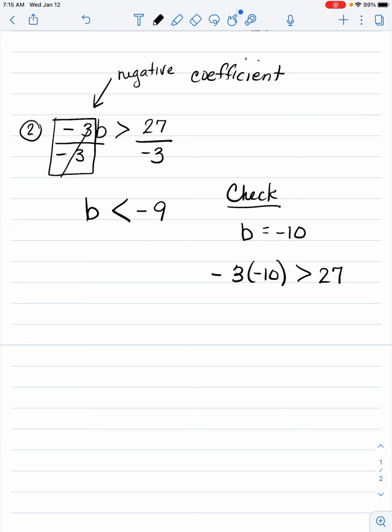Remember, we're substituting into the original inequality, and so we have to use the original direction of the inequality. Negative 3 times negative 10 is a positive 30, and we know that 30 is indeed greater than 27, and so that's going to check out.